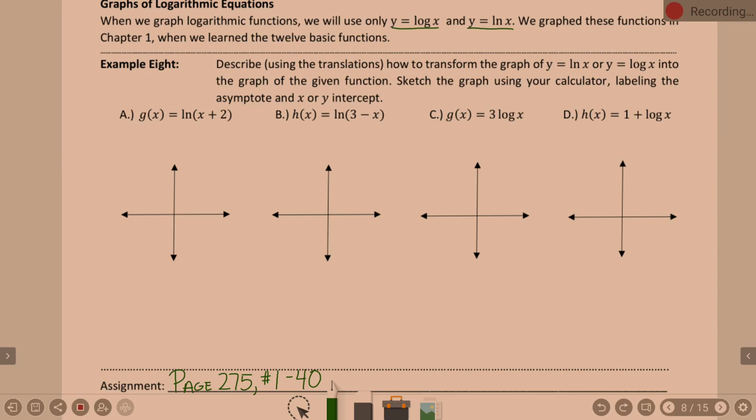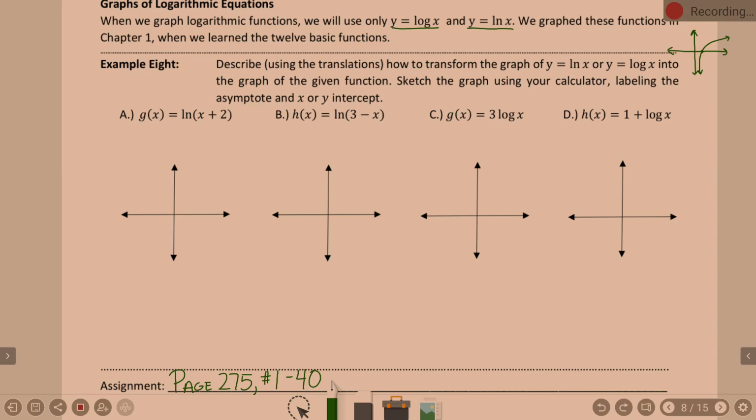We graphed these functions in chapter 1 when we learned the 12 basic functions, what we were just talking about. And what I will reference is that whether it is base 10, base e, base 2, base 20, all these graphs are going to be this basic form right here. Okay?